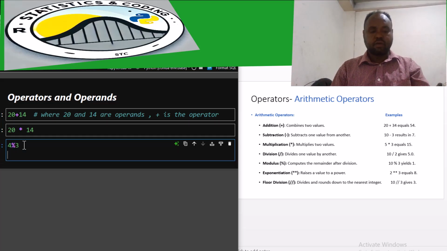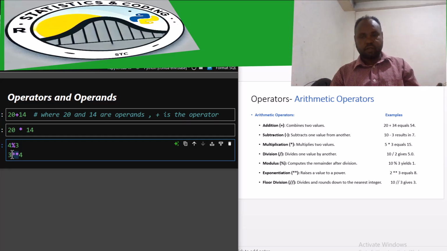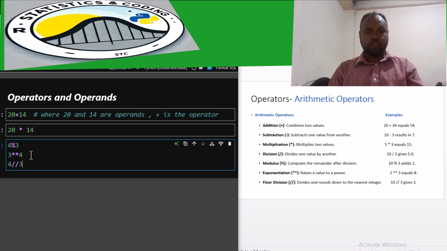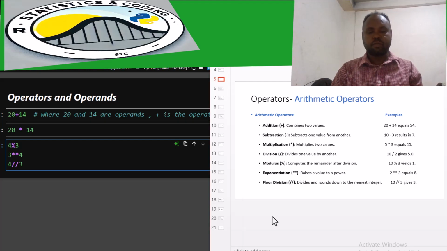Exponentiation, 3 to the power of 4, uses this symbol as the operator, with 3 and 4 as the operands. The same is true for 4 by 3 with two forward slashes, which divides and rounds down to the nearest integer. These are collectively called arithmetic operators.